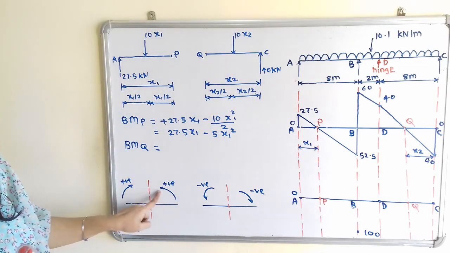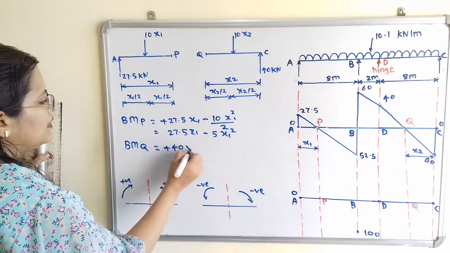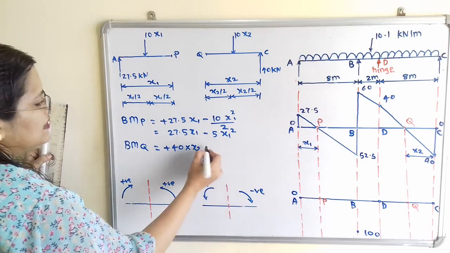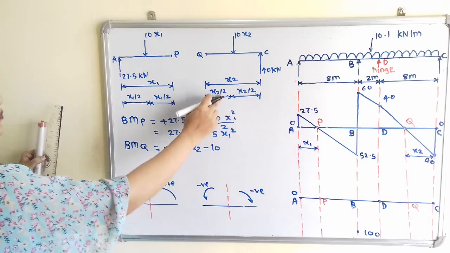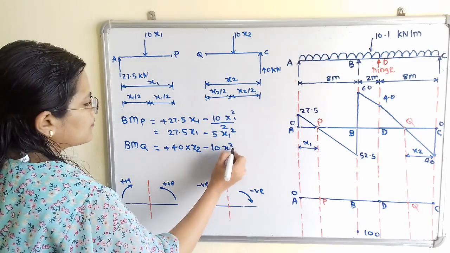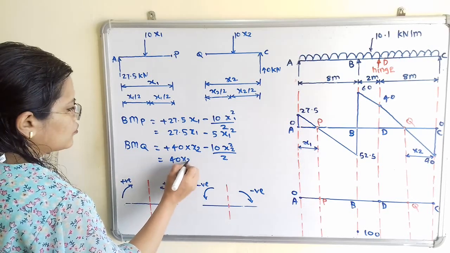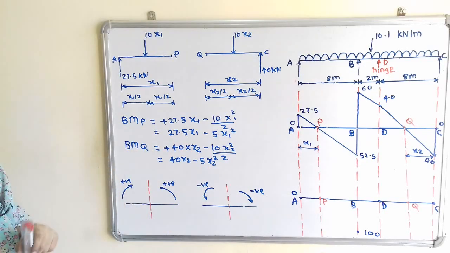If it is in anti-clockwise direction, use positive sign, that is plus 40 multiplied by x2. And here it is in clockwise direction, so minus 10 x2 into x2 by 2. So it is 10 x2 square by 2. So 40 x2 minus 5 x2 square.